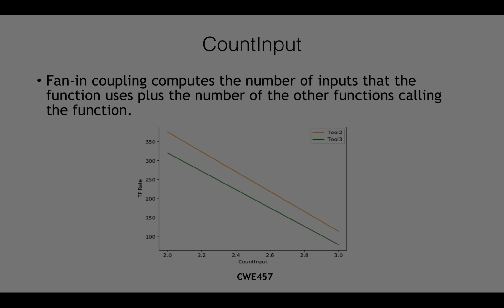The number of uncovered defects or errors in the source code by both tool number 2 and tool number 3 decreases as the value of the count input or fan-in increases. Tool number 2 finds more defects or errors than tool number 3 when the source code has a higher degree of fan-in. In other words, when the functions in the given source code have a high number of calling functions and global variables read, tool number 2 performs better than tool number 3.